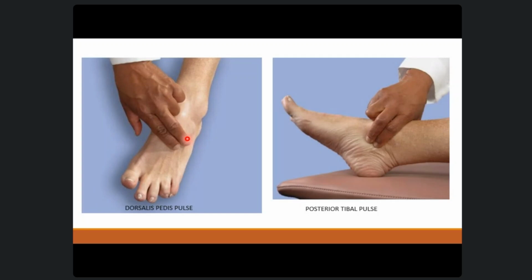So if you cannot palpate it here, you can always move laterally to feel for the pulse. Okay? So this one, this is your PT or your posterior tibial. Ang tip for your PT is always siya behind the medial malleolus. Okay, so ito dito. So, practicean nyo pagdating nyo sa bahay.